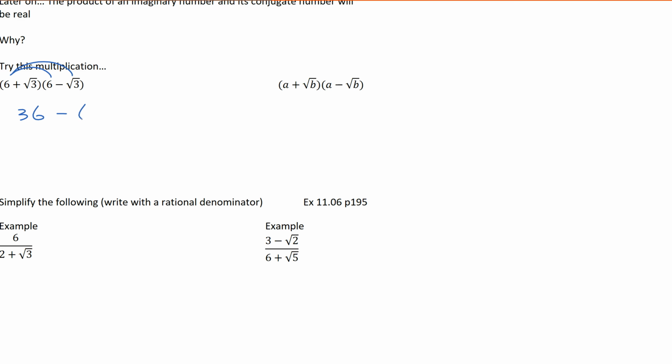That there, minus 6 root 3, plus 6 root 3, minus 3. Those parts will cancel, leaving me with an answer of 33. Make sense? That's the one I just did. Just did it up there so you can have a look.